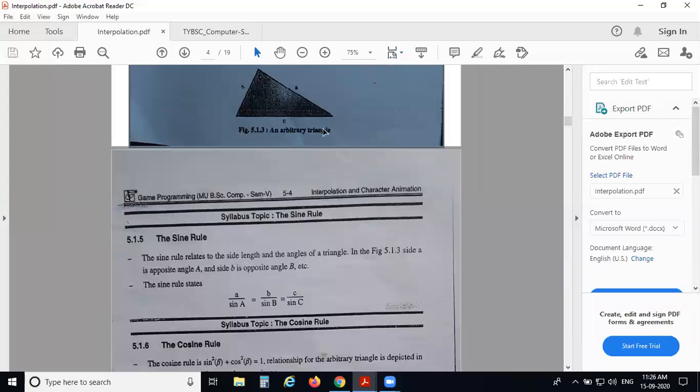Then it is equal to B divided by sine B and C divided by sine C.